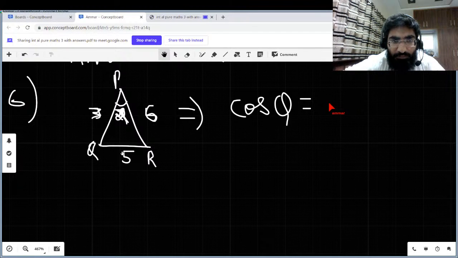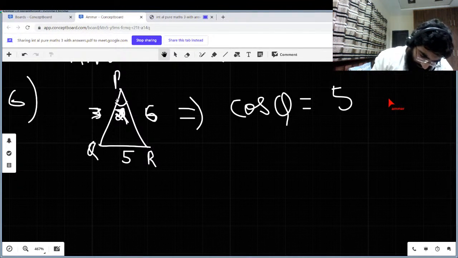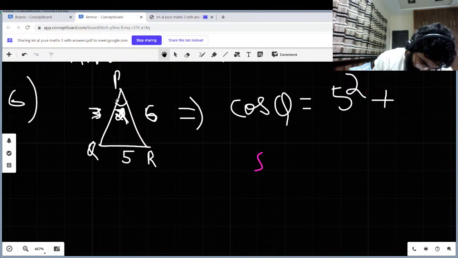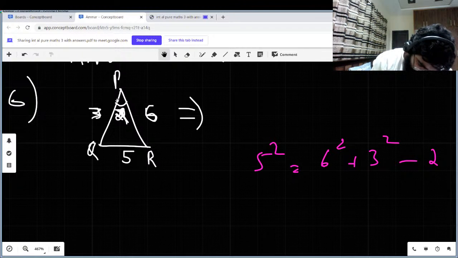This small p squared is equal to small q squared plus small r squared minus 2 small q r cos 2 theta. In terms of numbers, it will become 5 squared is equal to 6 squared plus 3 squared minus 2 into 6 into 3 into cos 2 theta, right?